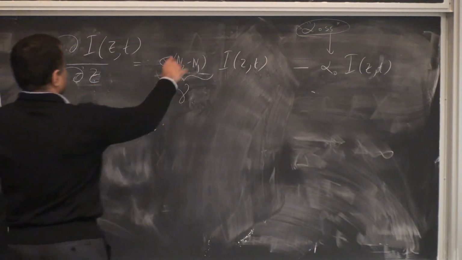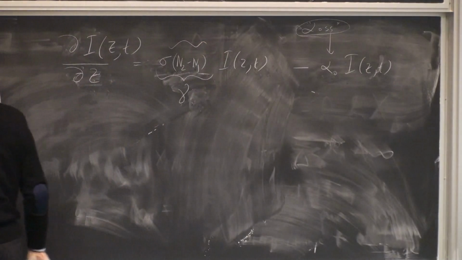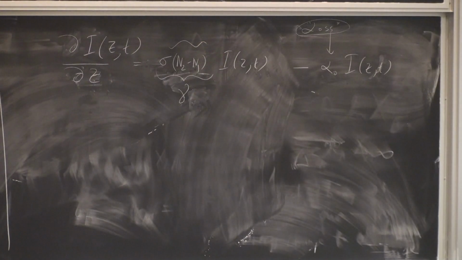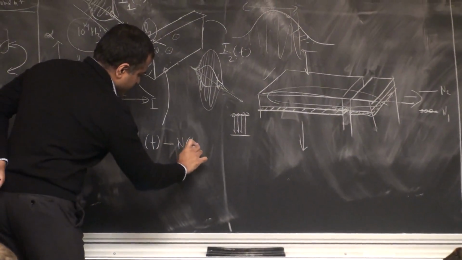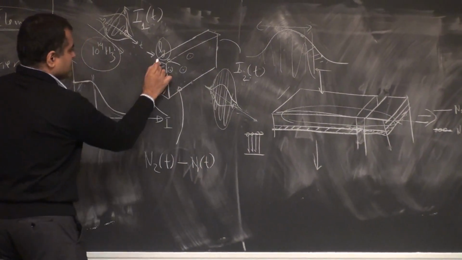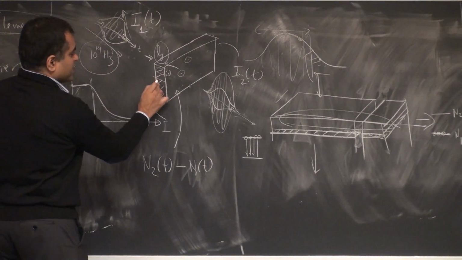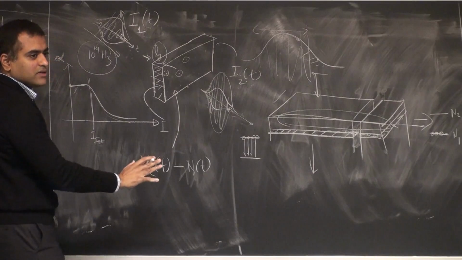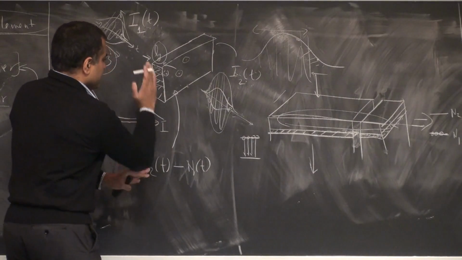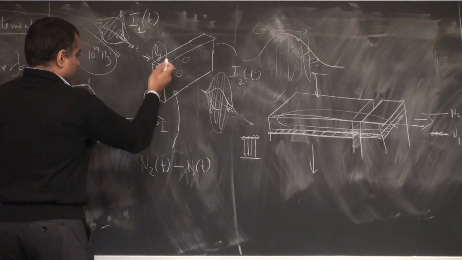Now, as far as the dynamics of the problem goes, we want to know N2 minus N1 inside this saturable amplifier or absorber. We're going to find it as a function of time, assuming that it's thin enough that the spatial variation is very small.